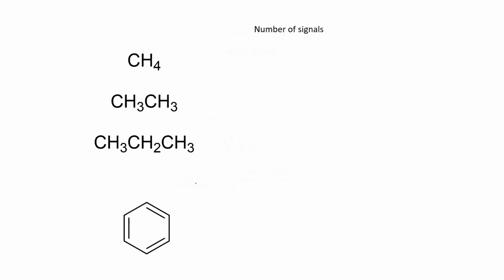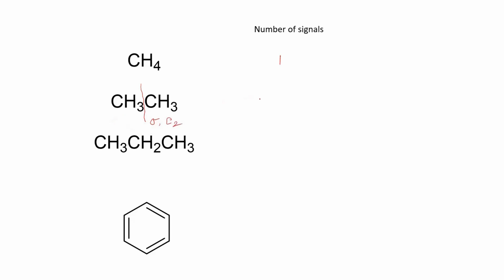So let's start with some basics. Let's take methane. How many carbons are there? Only one carbon, so we get only one peak in 13C. In the case of CH3-CH3, there are two carbons, but we will get one peak because there is one sigma plane or C2 axis.